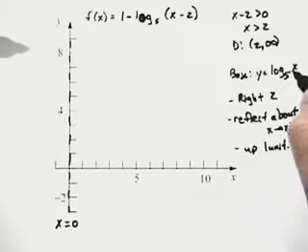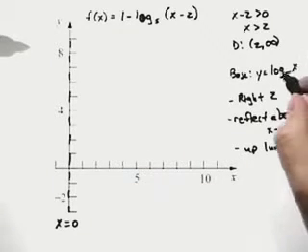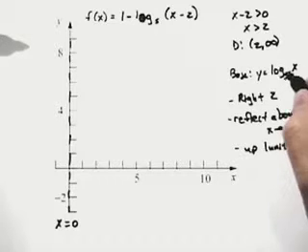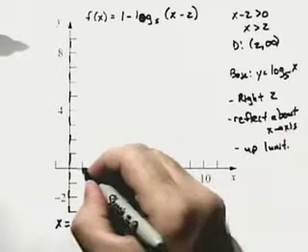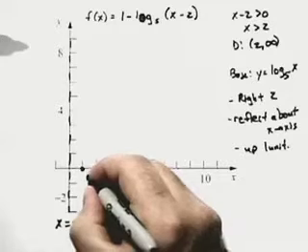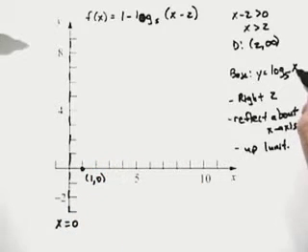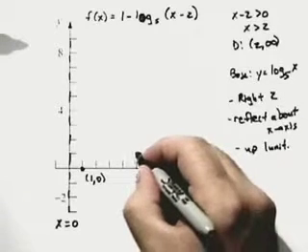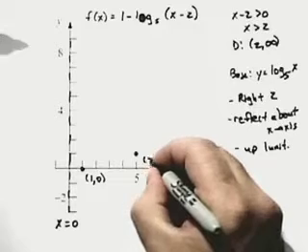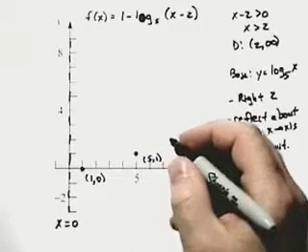And if we plot a couple of points to give us the shape of our graph, we pick the value 1 for x. Log base 5 of 1 is 0. So we'll have the point 1 comma 0. If we let x equal 5, log base 5 of 5 is 1. So we'll have the point 5 comma 1.